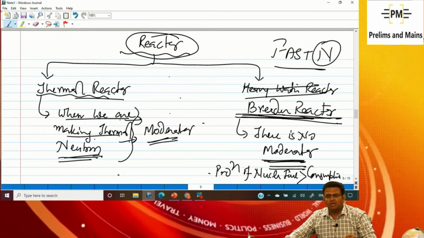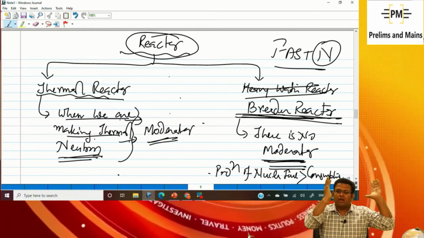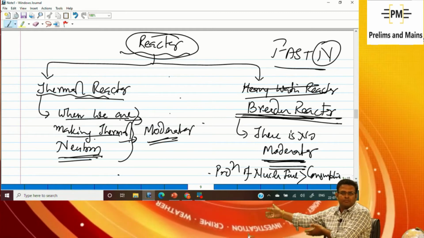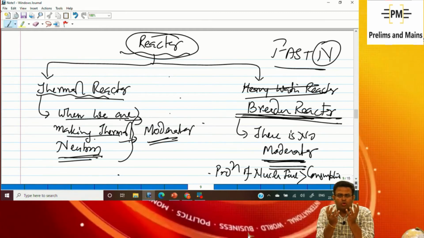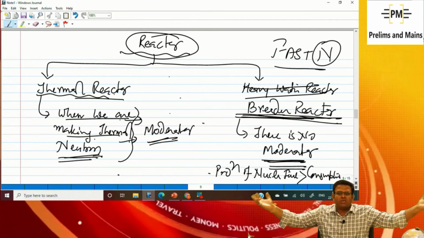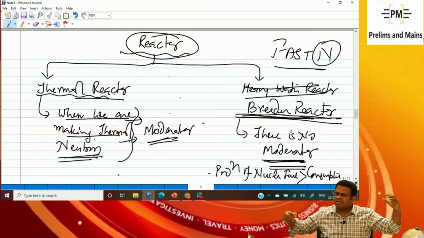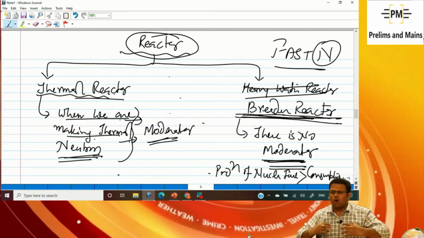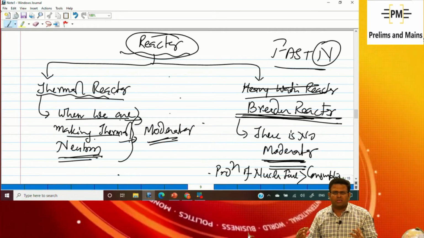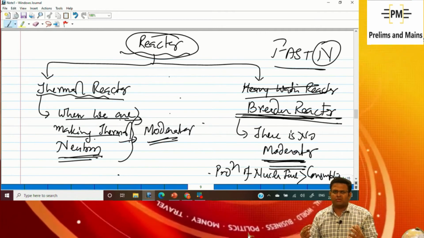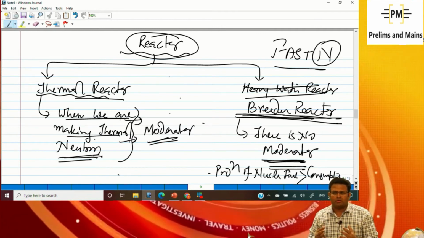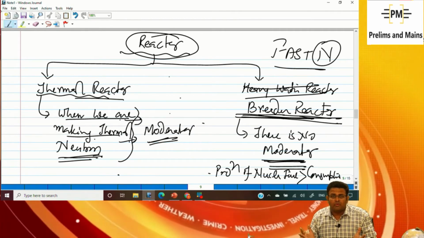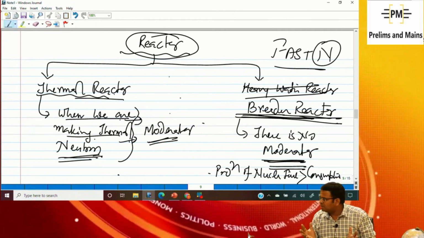In that reactor we will produce energy, but we will also produce nuclear fuel for the next stage. We are producing plutonium-239 without any loss or any extra cost, and we are able to produce a large amount of nuclear fuel. Getting my point?